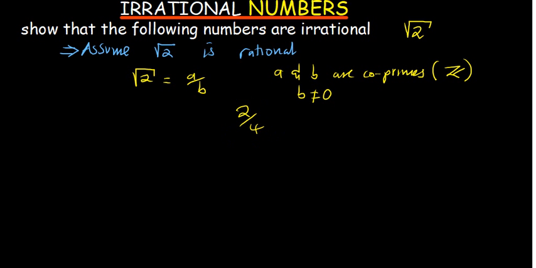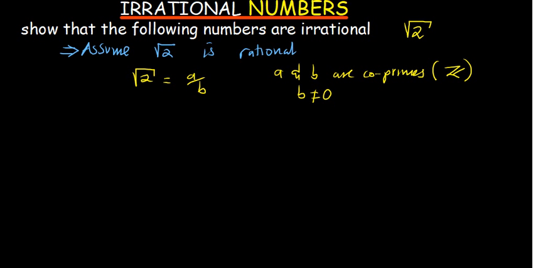The simplest form of this fraction is 1 over 2, and for 1 over 2, there is no number that can go into both of them without a remainder. We are not including 1. I don't know an example of a coprime that I can give, but all we are saying is that these two numbers cannot be divided by the same number.